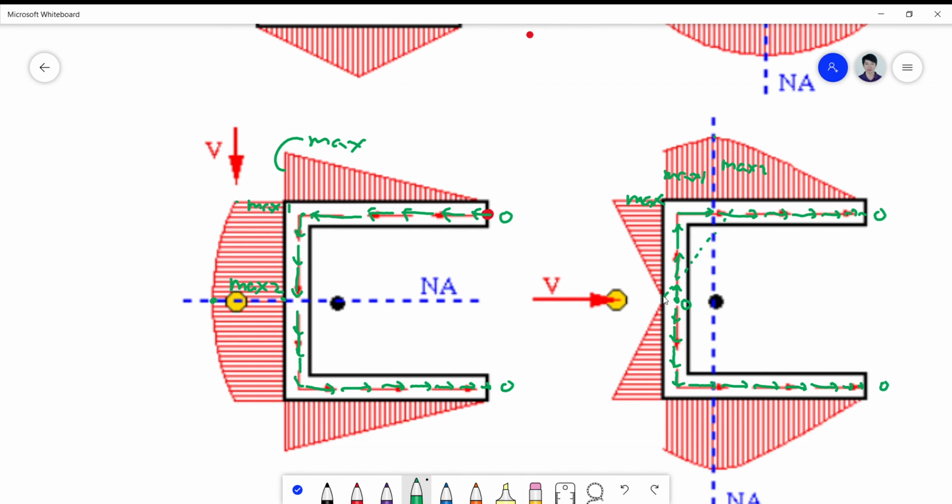It doesn't matter where you put it here or you put it there, but other references make use of a different sign convention, and as far as the shear stress is concerned, it is graphed in this manner, okay, and this here is graphed in this manner.